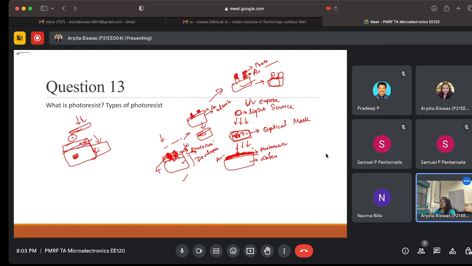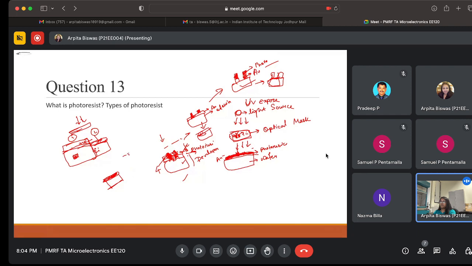This is one region, this is two region. Which one will be protected? Protected in negative, ma'am, whereas not protected in positive. The portion covered with the positive photoresist will stay in the developing solution, and the portion which is not covered will etch out. Okay.